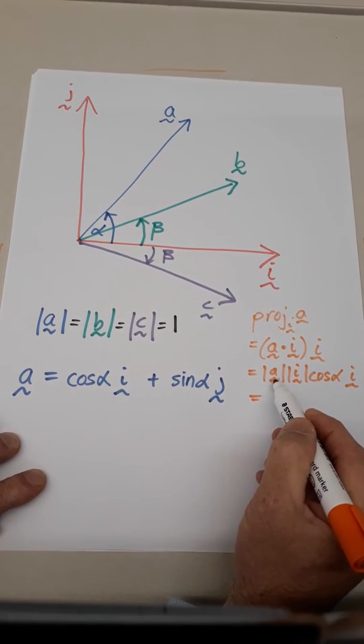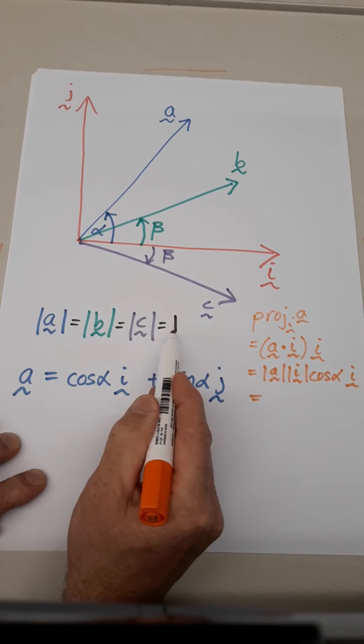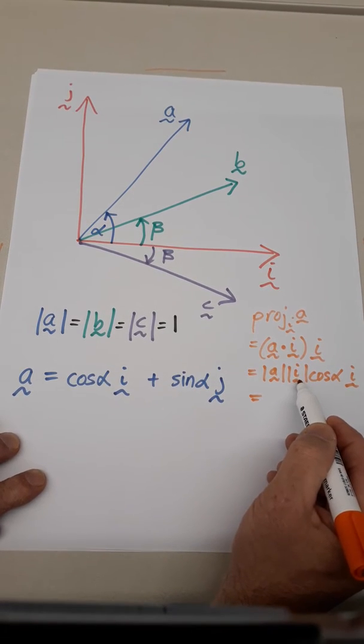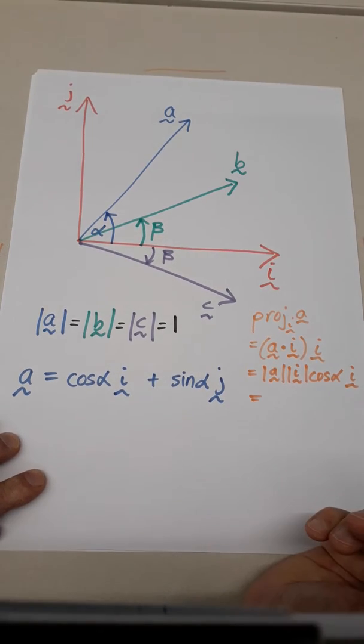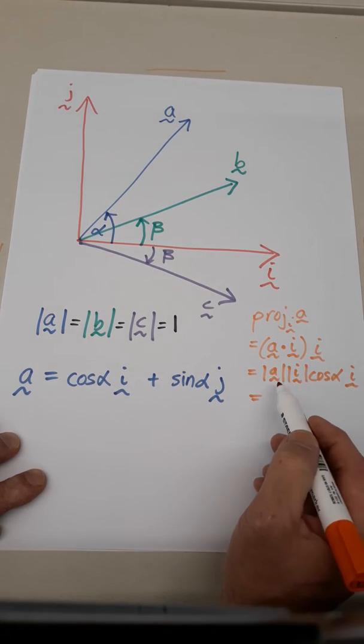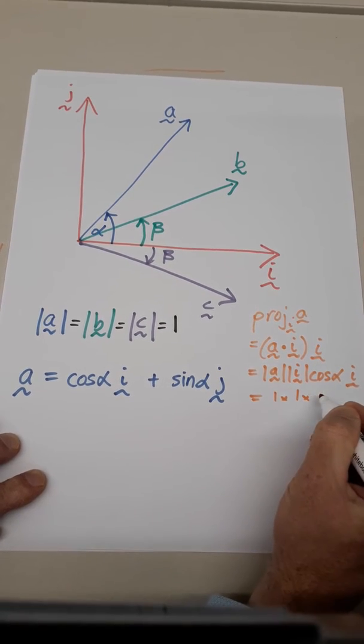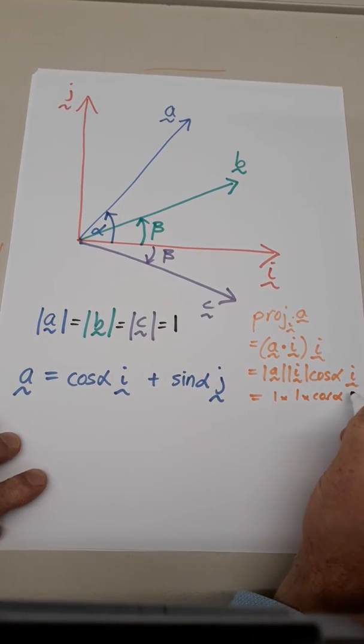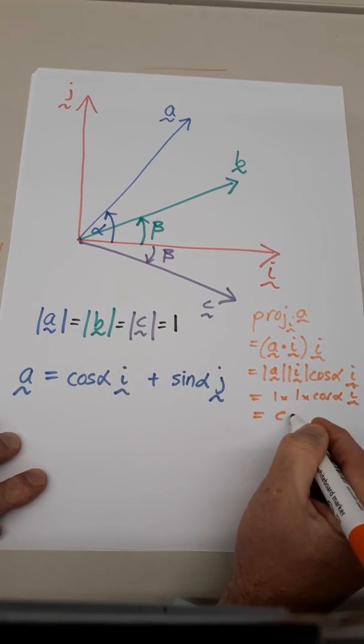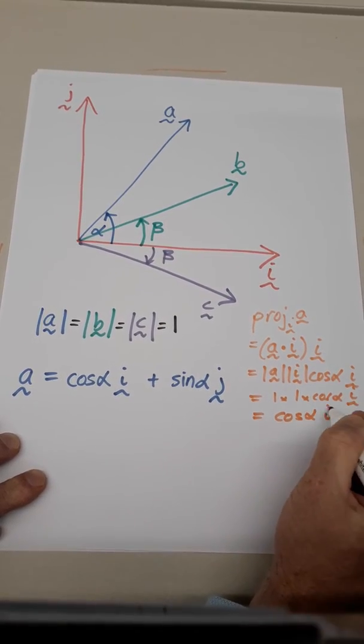Now, size of A is 1, and we know the size of I is 1. That's what I is, a unit vector in the X direction. So that's 1 times cos alpha times I. So that's where we get cos alpha times I.